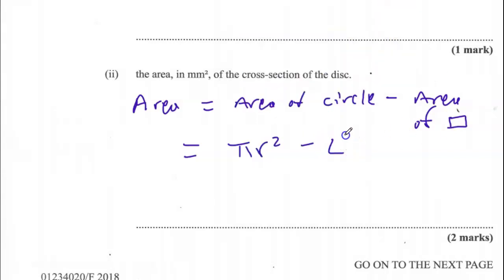Minus length squared, and of course pi is 22 over 7. What was the radius again? The radius was 21, so 21 squared, minus, I remember the length of the side of the square was 6, so minus 6 squared.